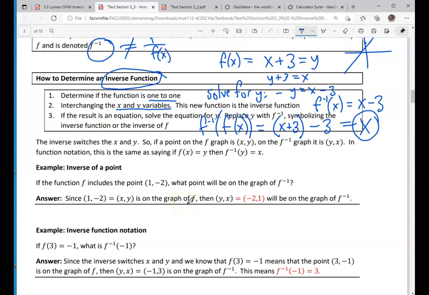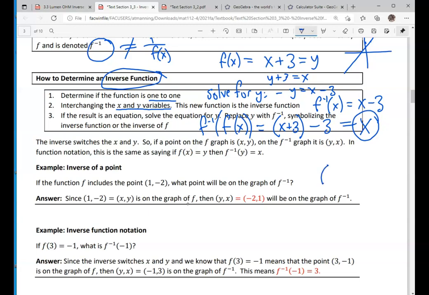Okay, so they're doing simple, even simpler than that. If I know I have a point (1, negative 2), what's the graph of the inverse? Well, if you give me the negative 2 as my input, it would take me back to the 1. I simply interchange the x and y. I only have a point as my graph.